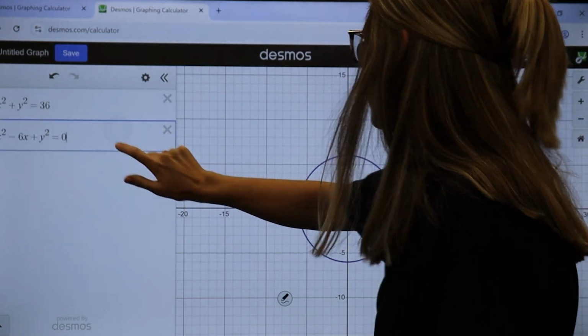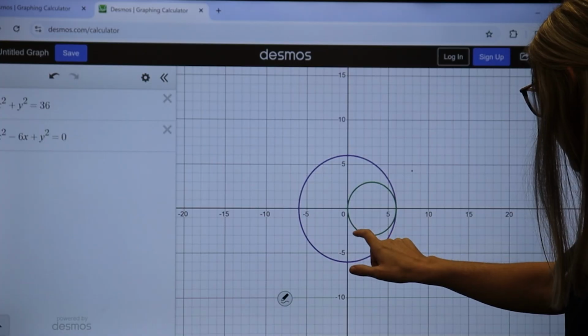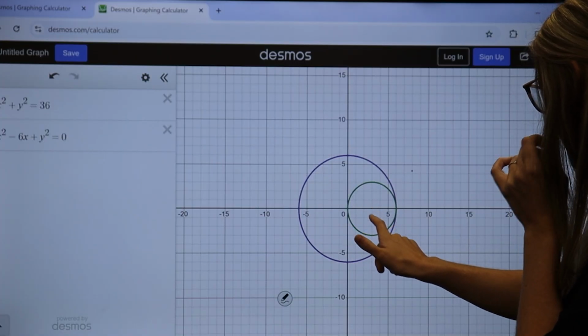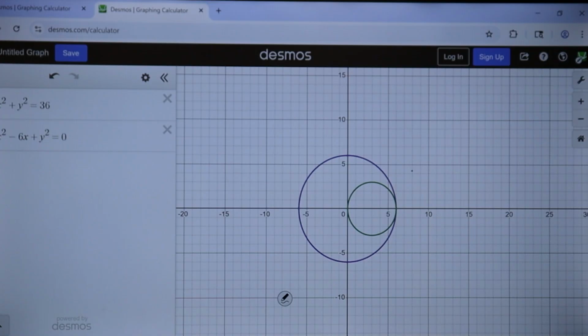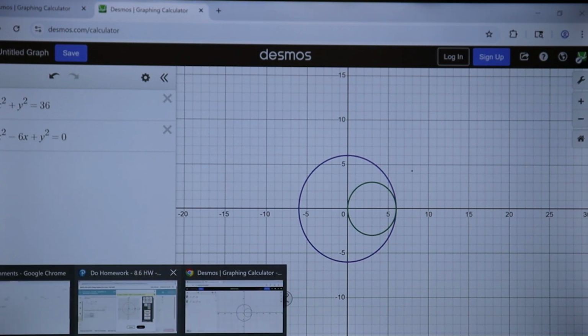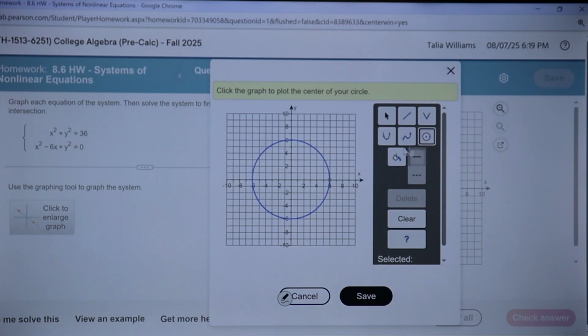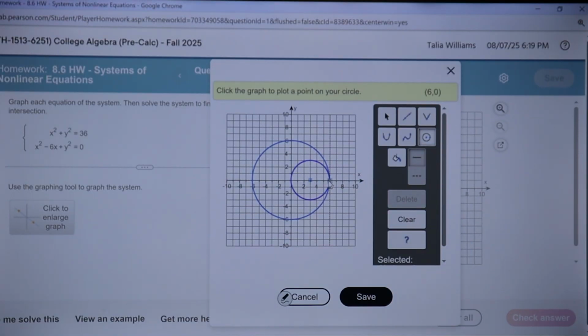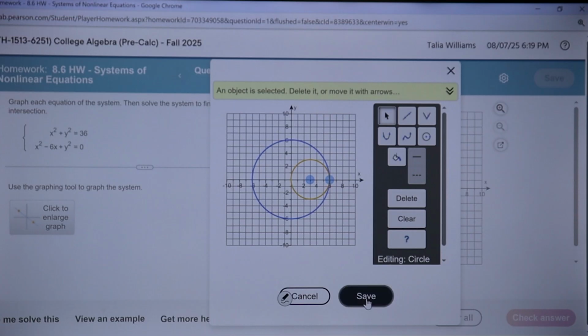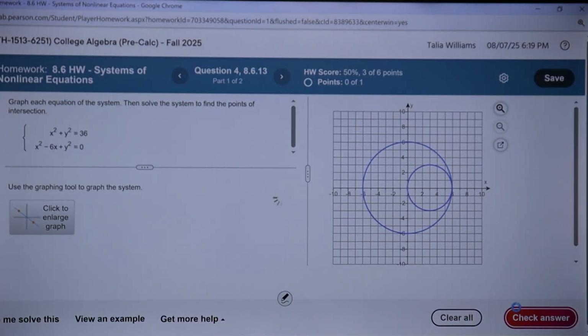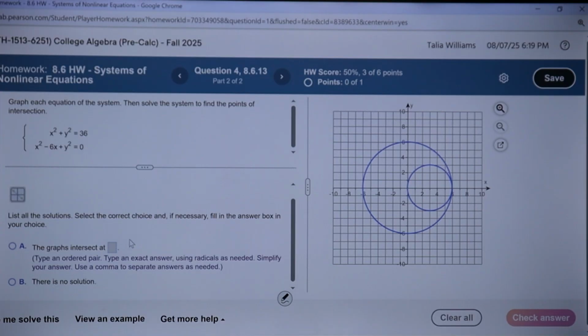It's going to be right there at (3, 0). And then we're going to go out 3, right? Because you find your center when we're graphing these. And then it goes all the way to the other circle, so I should check. And then the only part where these two intersect is this point right here, because this one is inside of it. It's going to be at (6, 0).